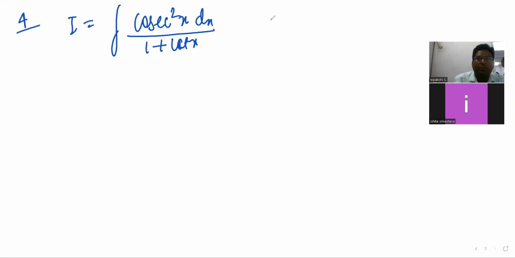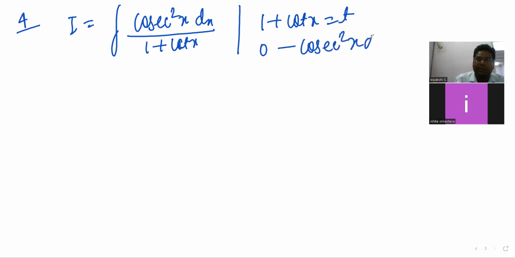So you can put 1 plus cot x as t. So 1 differentiation is 0. Cot differentiation is minus cosec square x into dx equal to dt.